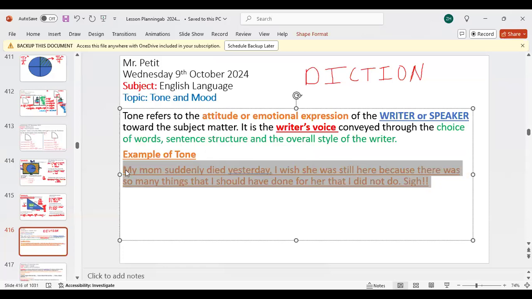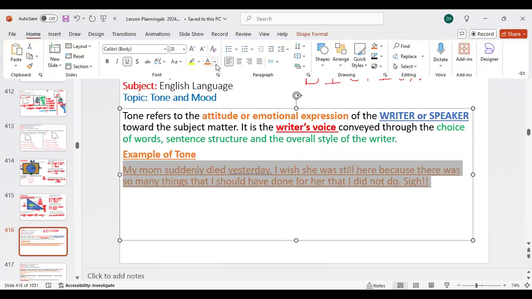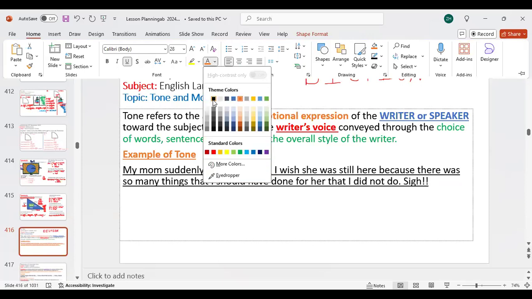Mr. Petit, is that kind of like the grief in their voice, in their tone? What is the author's tone in this? Sounds like guilt and grief.